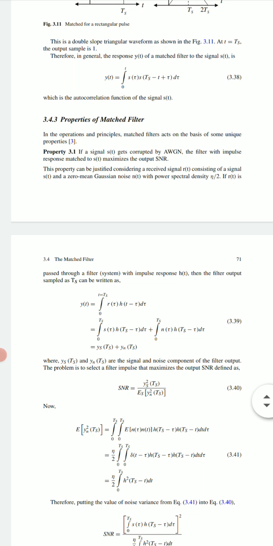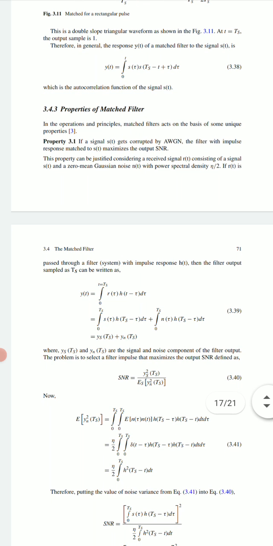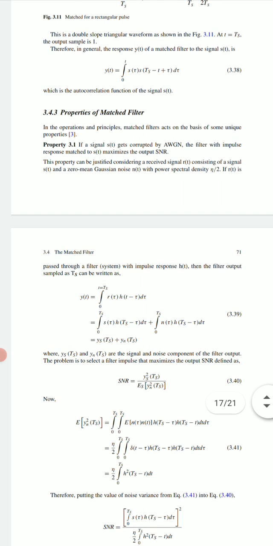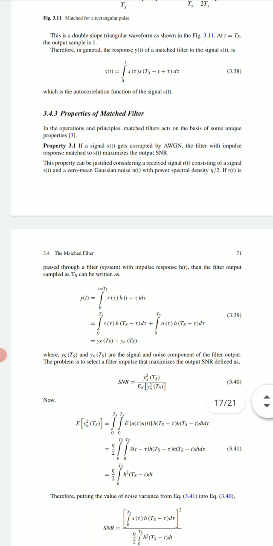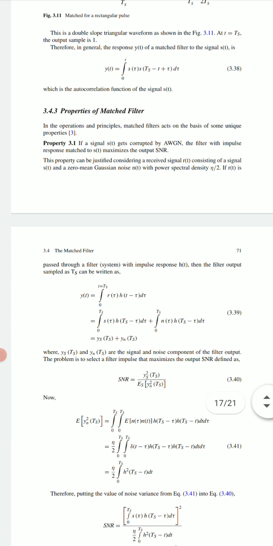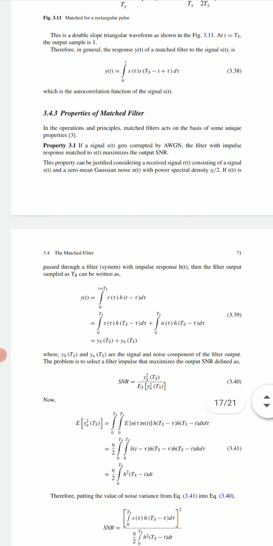The noise has power spectral density N0/2, or you can take eta/2. They will usually give the value.